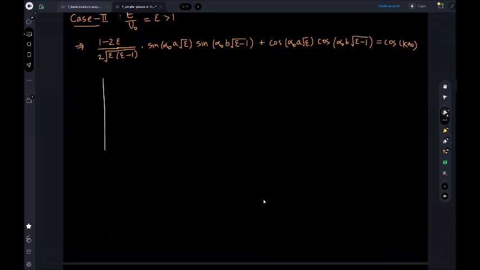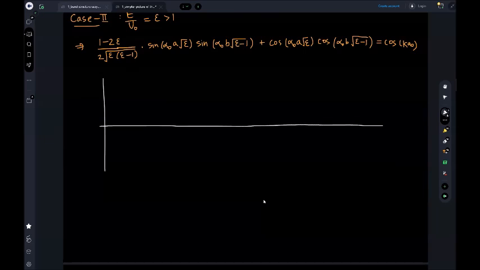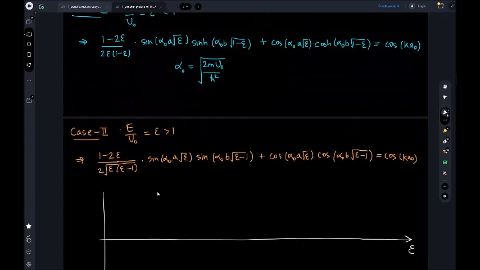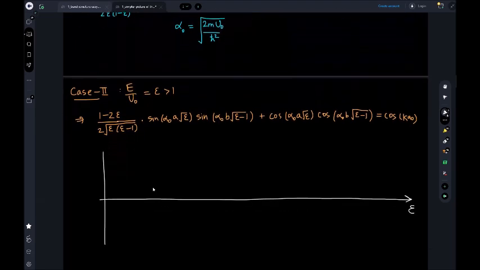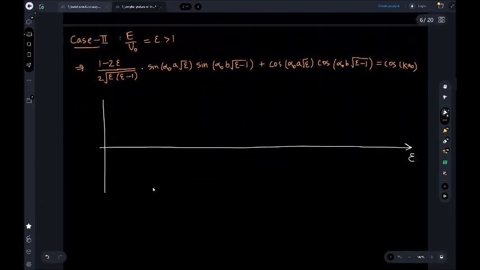For the above two equations, I'm going to have the quantity epsilon, that is E over U naught, on the x-axis, and the left-hand side of these equations on the y-axis.